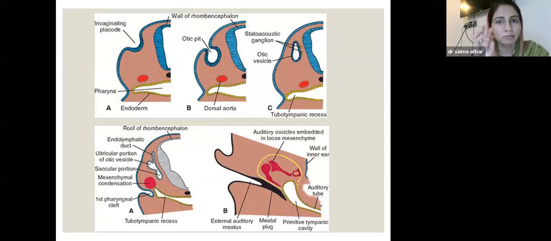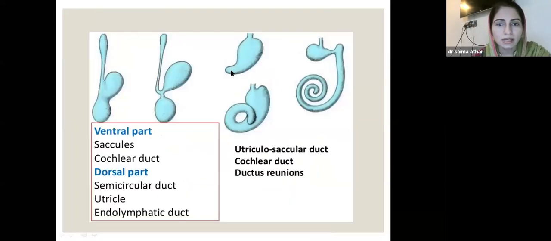First, there will be development of the membranous labyrinth, then there will be development of the bony labyrinth because of induction of the mesenchyme by the membranous labyrinth. The language may be a little difficult for you, but it's important to understand. So this is the cochlear duct, which slowly and gradually grows and makes 2.5 turns.